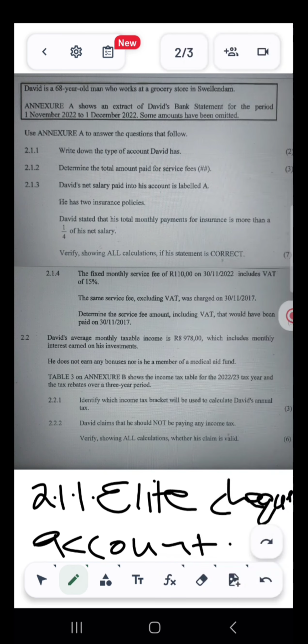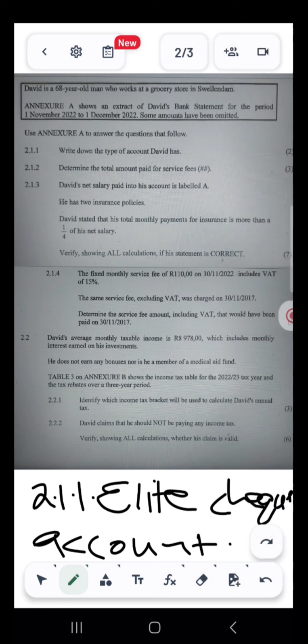Okay? And then 2.1.3: David's net salary paid into his account is labeled A. He has 2 insurance policies. David stated that his total monthly payment for insurance is more than a quarter of his net salary.